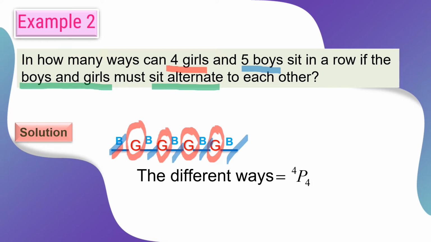The answer is 4P4 for the girls, multiplied by 5P5 for the boys, which gives 2880 ways.